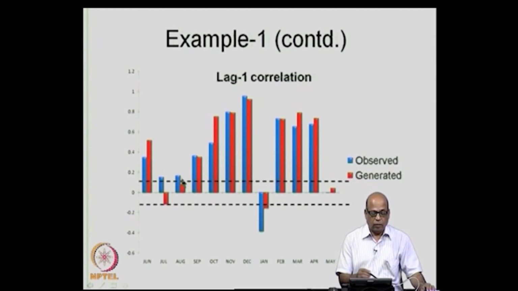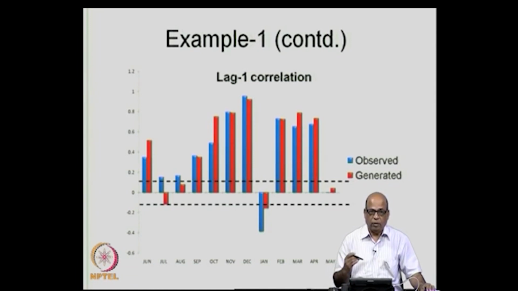In this particular case, you also see that at one point the lag 1 correlation was on the positive side, whereas the generated one is on the negative side. As long as both of them are statistically insignificant, then you do not have to worry much whether it is on the positive side or negative side, because anyway it is insignificant.